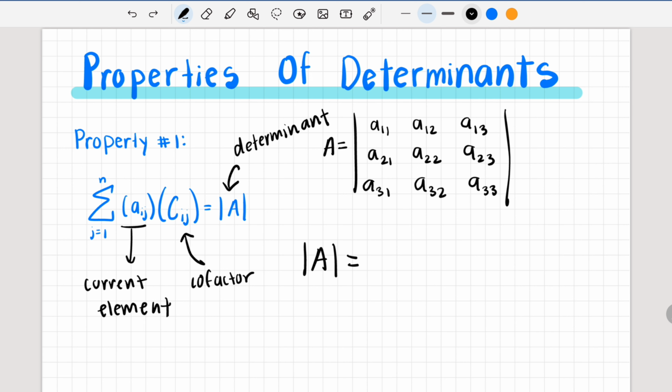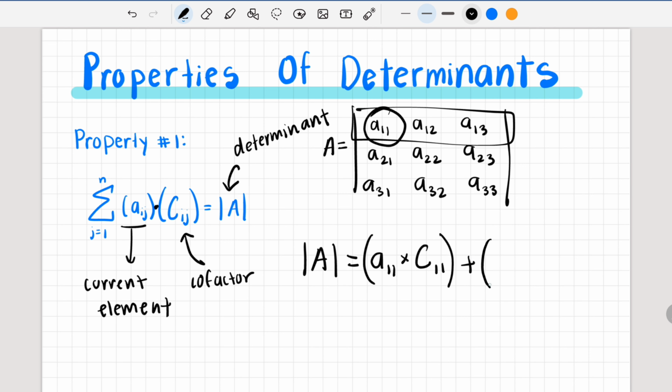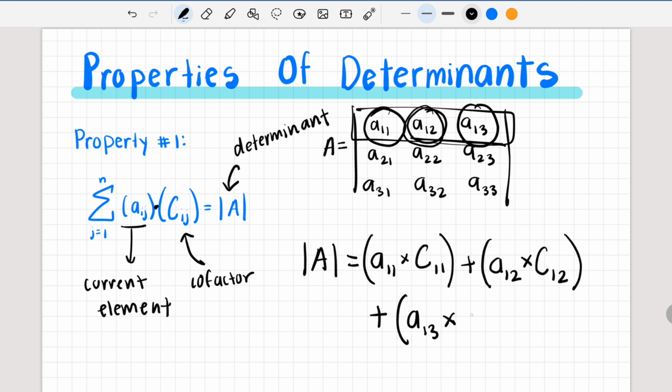This is basically saying let's take the first element of the first row, A11, and we are multiplying it by the cofactor of this term, and we just looked at cofactors, right? Plus, because now we have to do that for the other two elements in that row, that element we're on times the cofactor of that same element, C12, plus this element we're on, A13, times the cofactor of that. And that will give you your determinant.